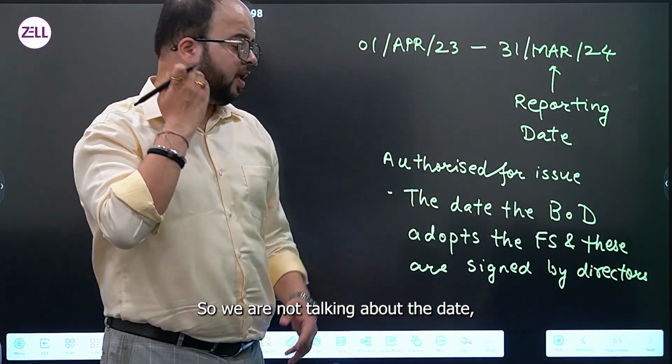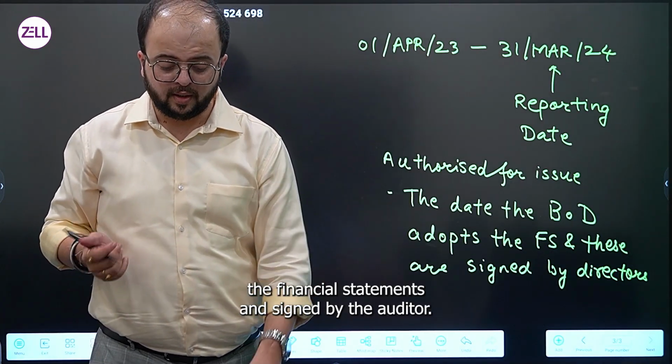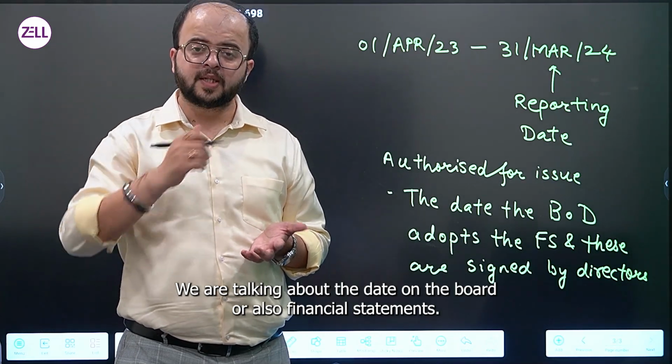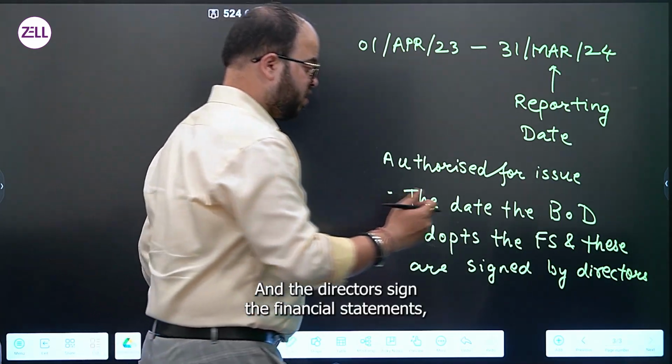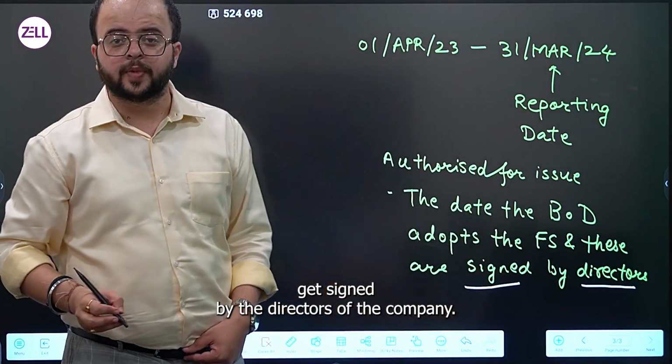So we are not talking about the date the financial statements are signed by the auditor. We are talking about the date when the board adopts the financial statements and the directors sign the financial statements. Okay, signed by the directors of the company.